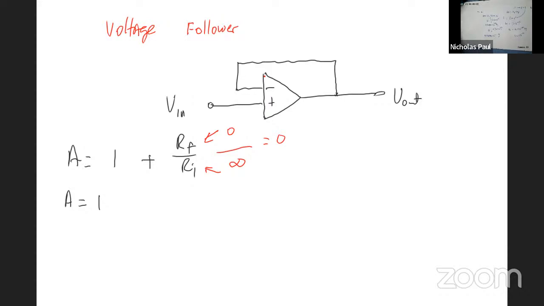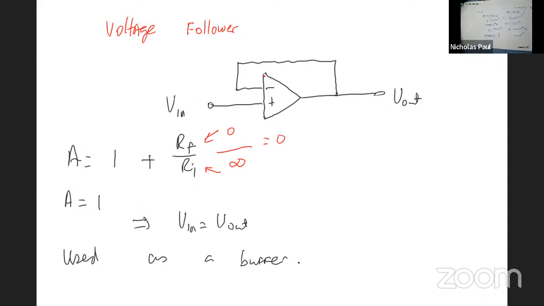And the application is that it is used as a buffer, to hold a voltage and give you back the same voltage. Because if the gain is 1, it means that Vin will be equal to Vout.